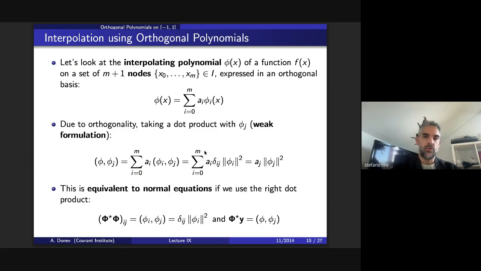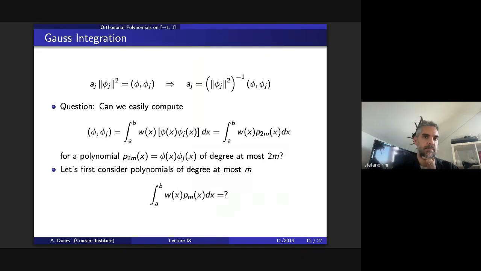Given the orthogonality of this one here, if we take the product of the phi k with the phi j, what we're extracting is a delta function multiplied by aj, which is this coefficient here. So this is the norm of the phi j times aj, and this is equivalent to the normal equation, right? It's like saying that if we take phi transpose times phi and we look at the ij term, then we will get the delta function ij, and this is what we were expecting.